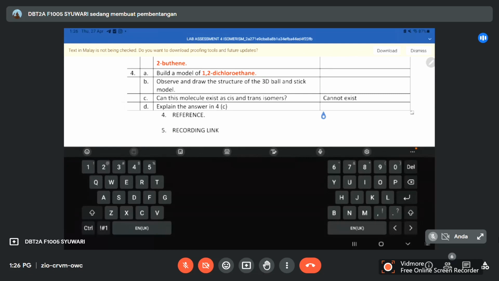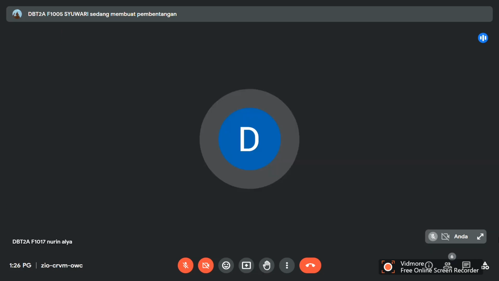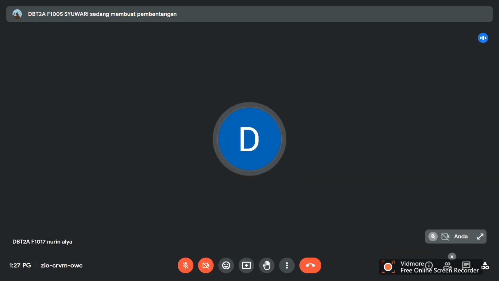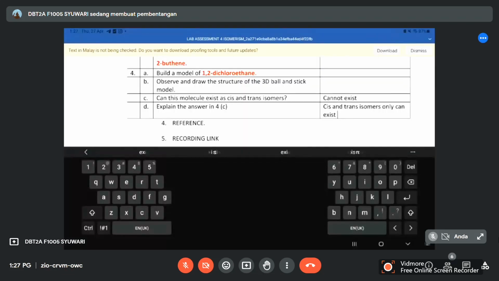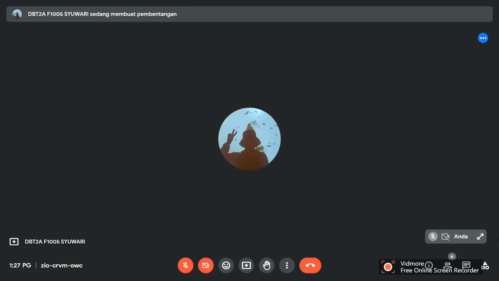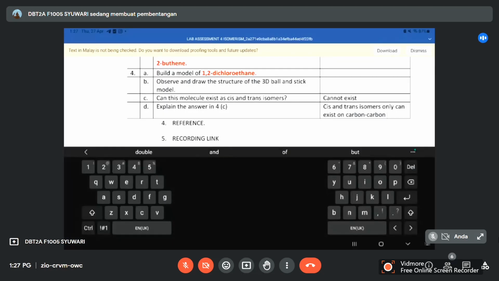We want to answer the last question. For D, explain the answer in 4C. Why can the structure not exist as cis and trans isomer? Because cis and trans isomer only can exist on a carbon-carbon double bond.